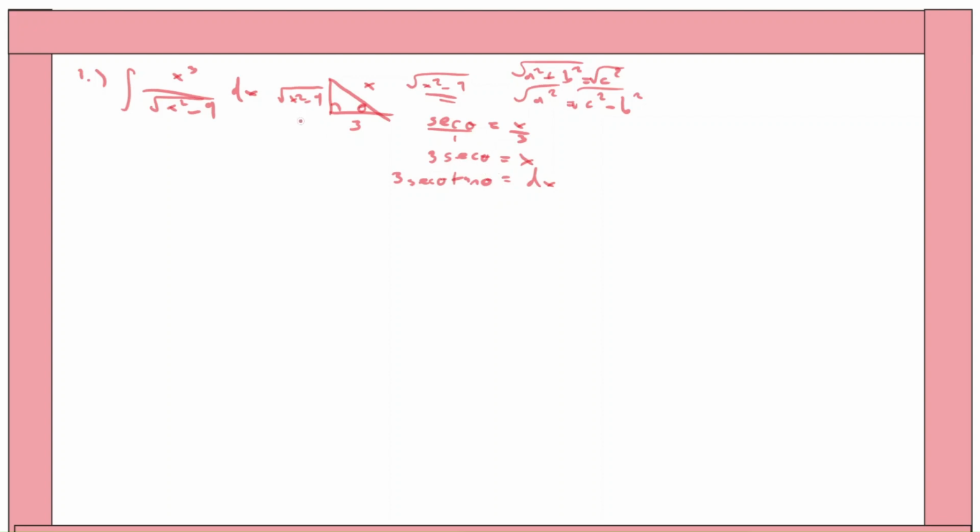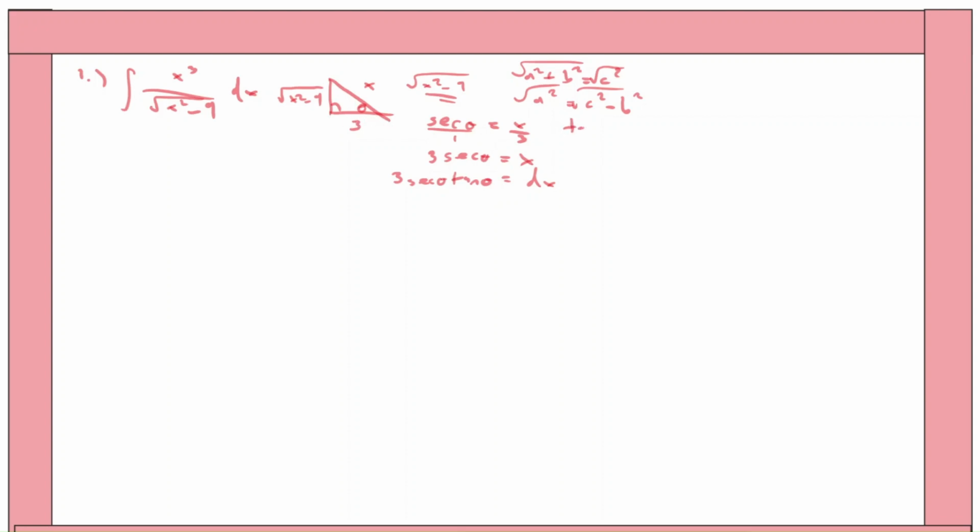Then we want to solve for the root function, because we see the root function in the equation. Now the root function, in relation to the angle here and the number 3, we know this is the opposite side to the angle, and this is the adjacent side, which is tangent.